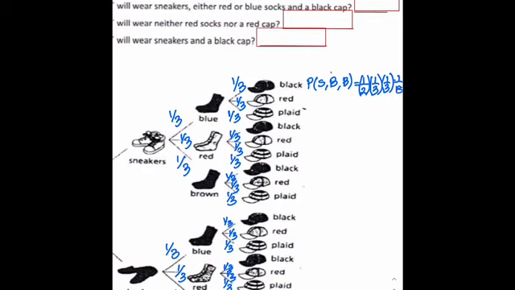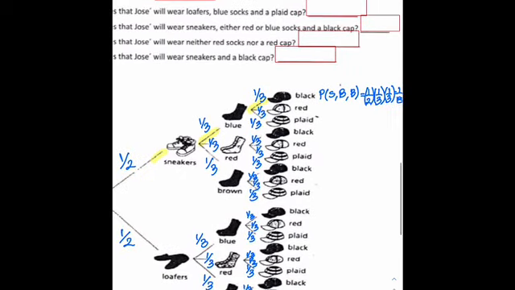I'm just going to highlight the branches that I use, starting from here, and then this one and this one. So we multiply all the probabilities of the events here: 1 out of 2 for the sneakers, and then 1 out of 3 for the blue socks, and then 1 out of 3 for the black cap. So we just multiply them, okay?